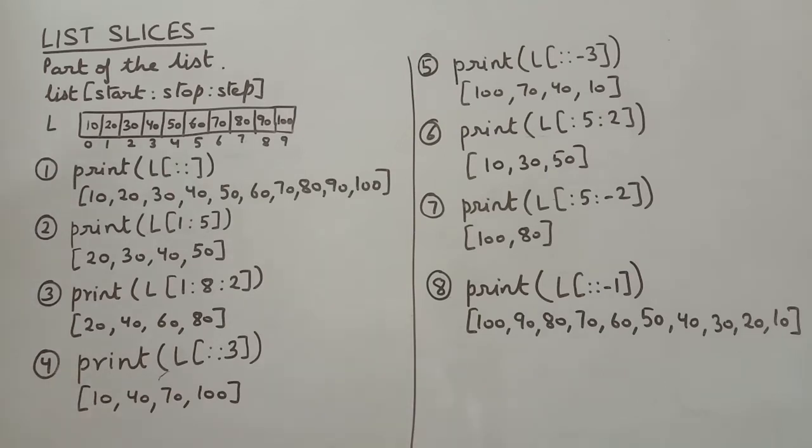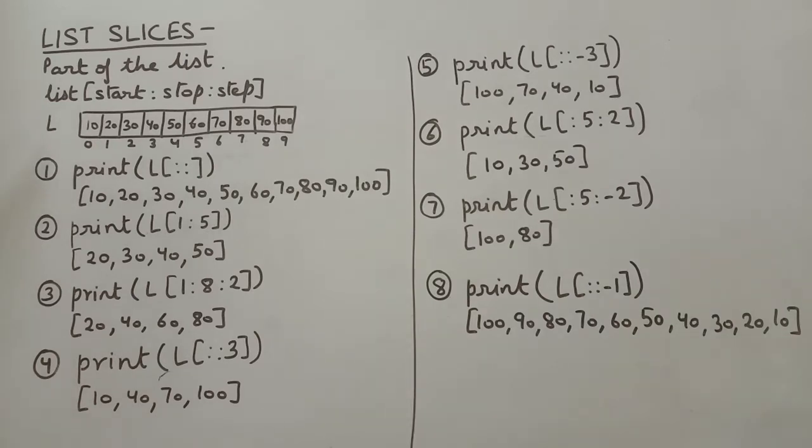If the step value is positive and the start index is not given, then it is assumed to be 0, and if the step value is positive and the stop index is not given, then it is assumed to be the end of the list.